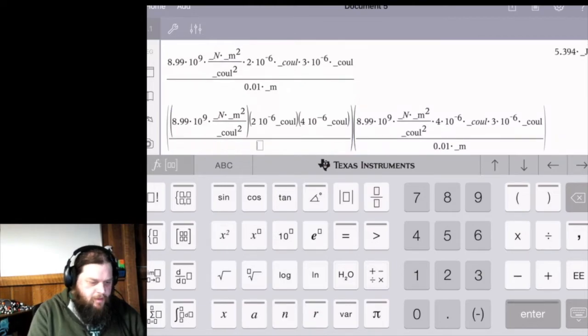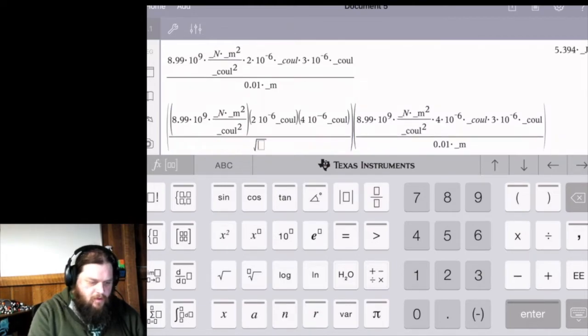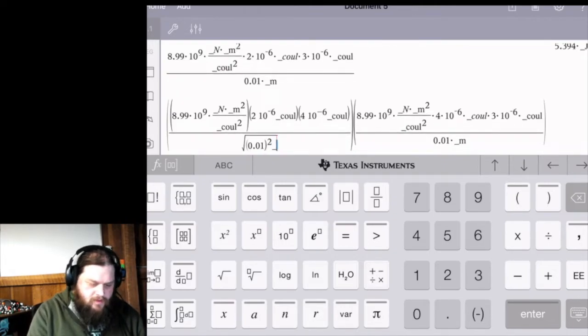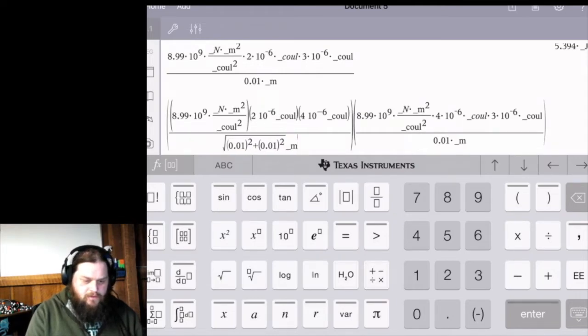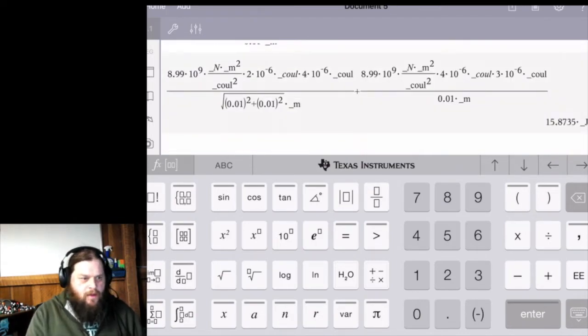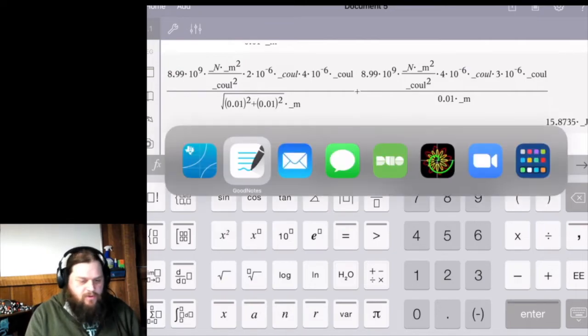And we're going to divide that by the square root of 0.01 squared plus 0.01 squared in meters. I'm going to add those values together. And that is 15.9 joules.